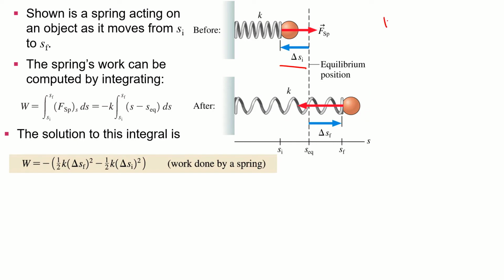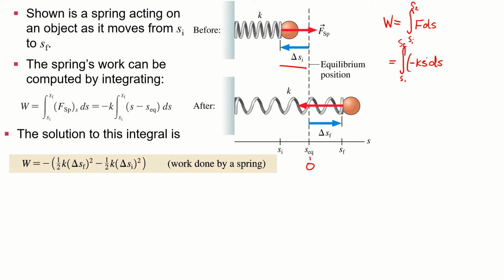Well, in the last slide, we showed that work is equal to the integral from the initial position to the final position of that force with respect to that position, right? We know from Hooke's law that the force due to the spring is just negative k delta S. I'm just going to write S ds, and I'm going to call S equilibrium, we'll make that our origin, 0.